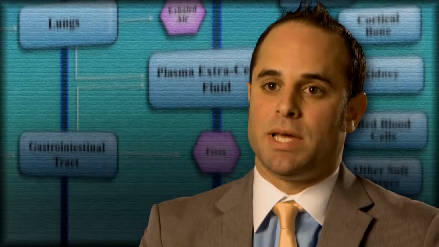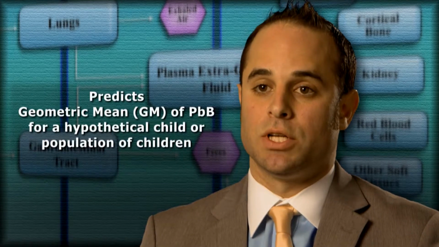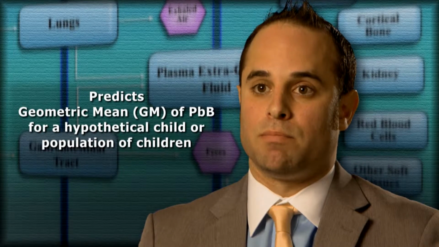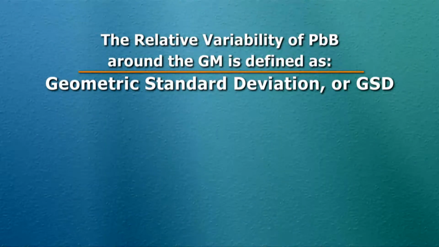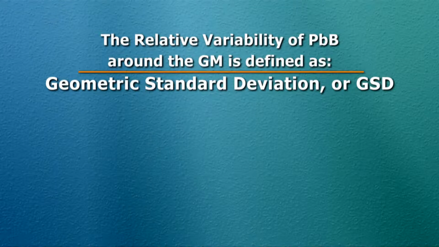The model is based on empirical data and scientific studies of the distribution and behavior of lead in the environment to produce a plausible distribution or a geometric mean of blood lead concentrations in a hypothetical child or the population of children. The relative variability of blood lead concentrations around the geometric mean is defined as the geometric standard deviation, or GSD.